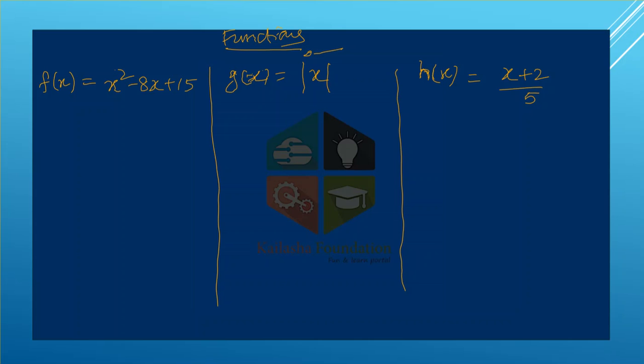Now if we put f3, so we had x here, so x and x. Here there was x, so x and x.